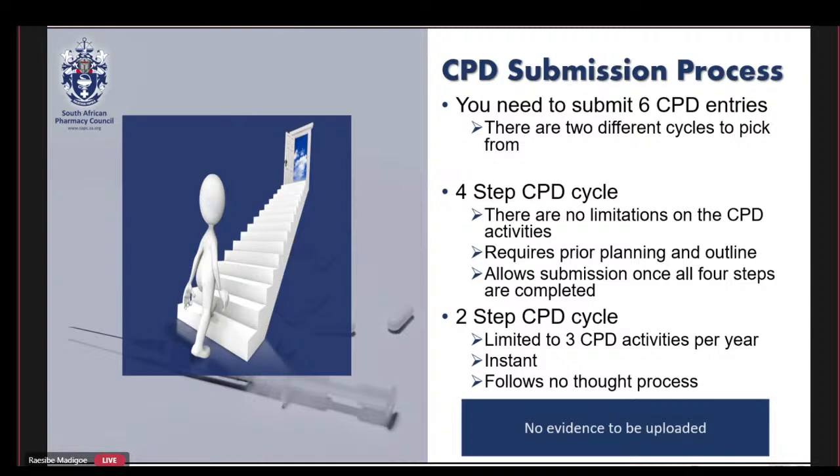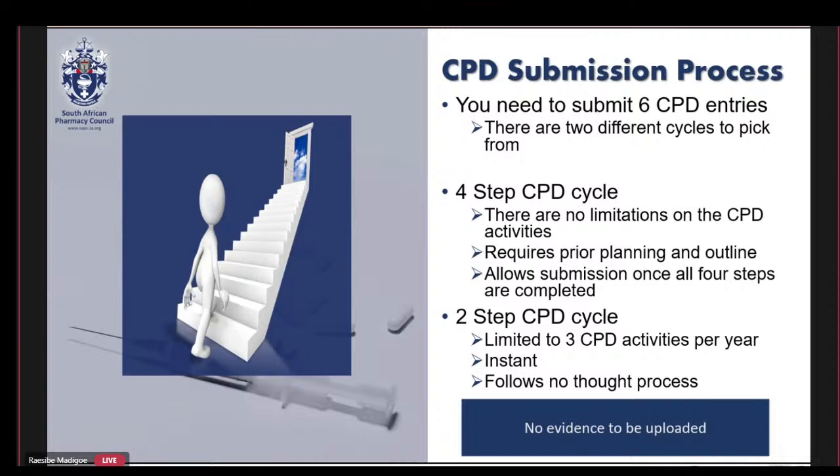And then we do have a 2-step CPD cycle. With this one, you are allowed to submit only 3 CPD activities per year. How this one works is that it doesn't follow any planning. You don't need to plan, you don't need to outline.